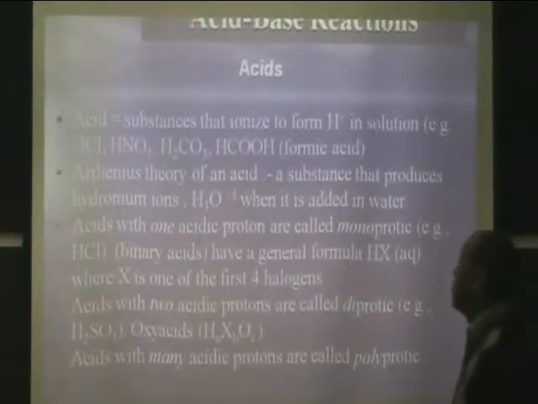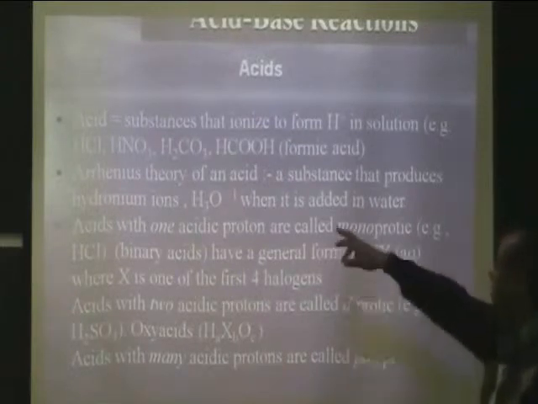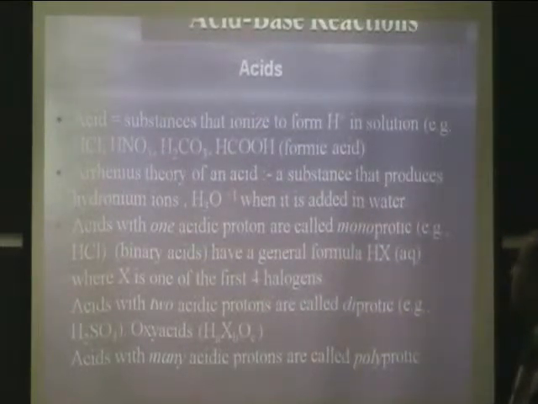When it dissolves in water, it forms an acid. We have examples of acids here. Sometimes it's called the Arrhenius theory of an acid: a substance that produces hydronium ions when it is added in water. Meaning to say, the water molecule is a non-polar H2O, right? When it dissolves in water, it's adding another hydrogen ion.